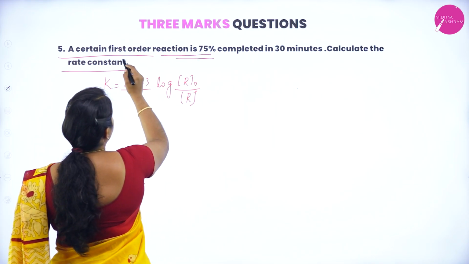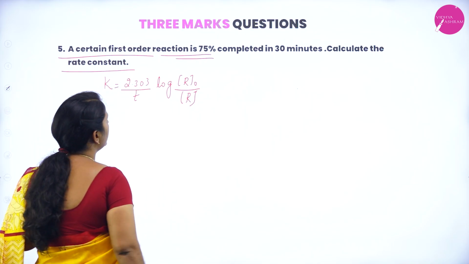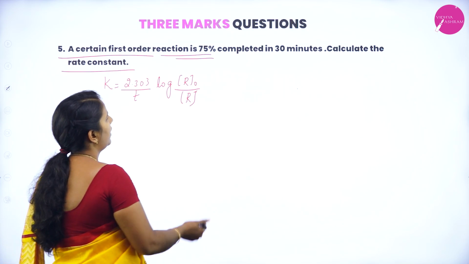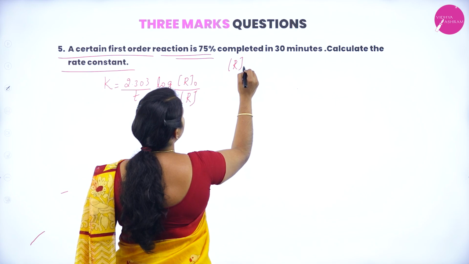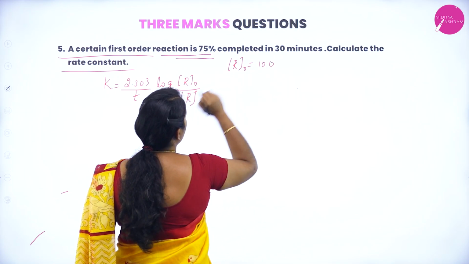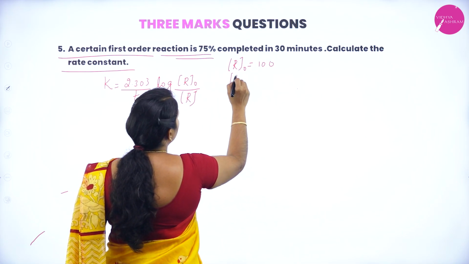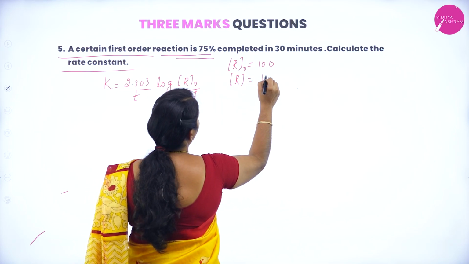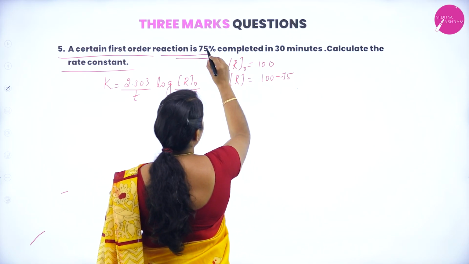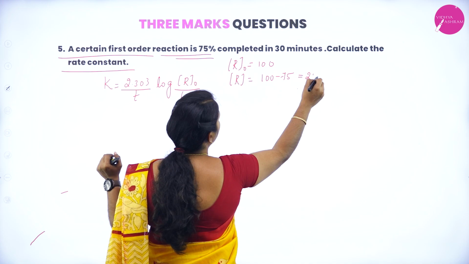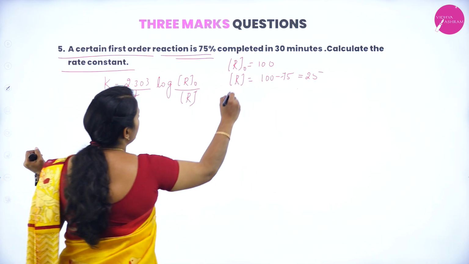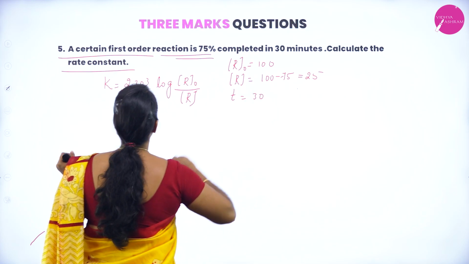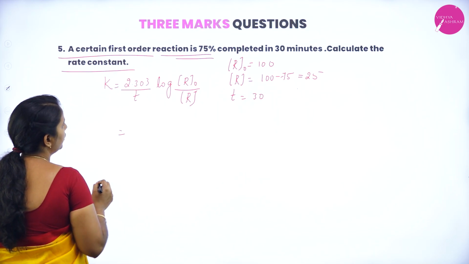They have given that 75% is completed. So I consider the initial concentration of the reactant as 100. The concentration of R is obtained by 100 minus 75, which is equal to how much? 25. Correct? And T is given, which is nothing but 30 minutes. Now I substitute into the above equation.